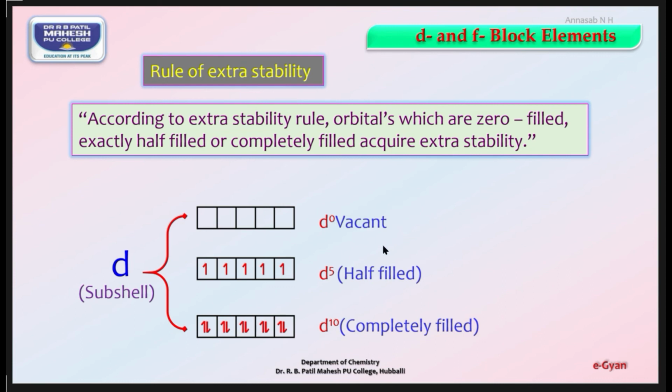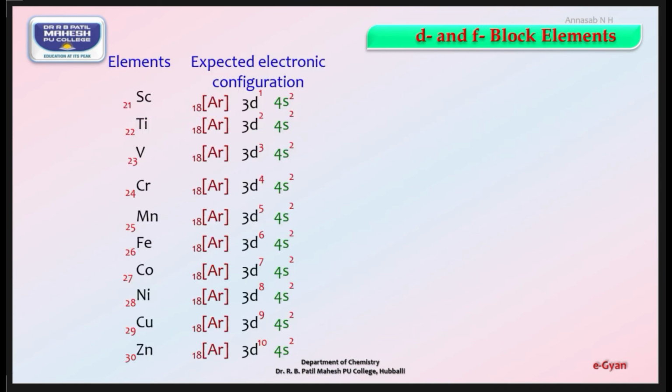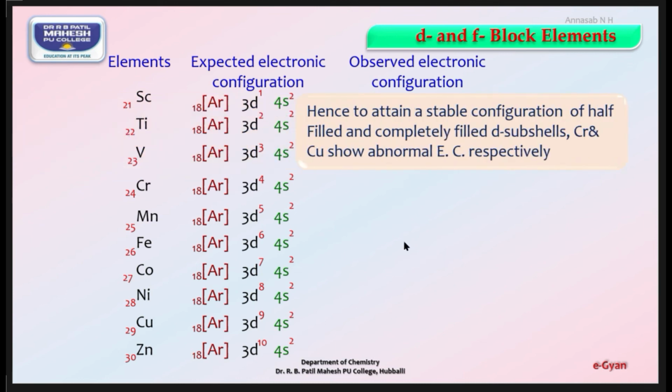These orbitals have extra stability compared to other d configurations. So this is the expected electronic configuration, but here is the observed electronic configuration.